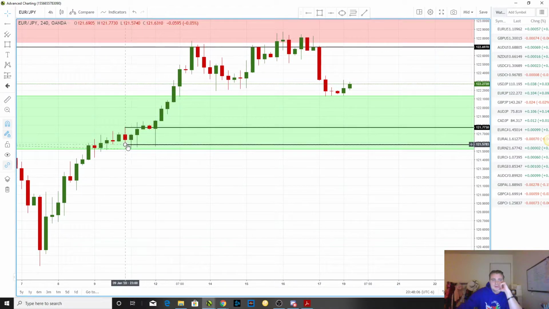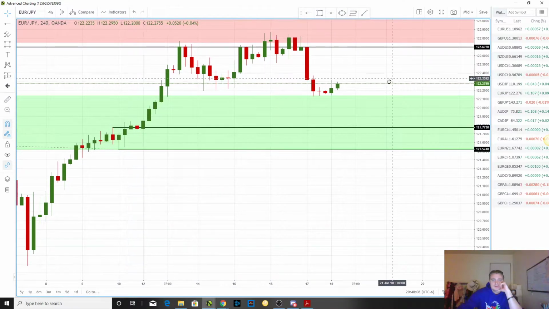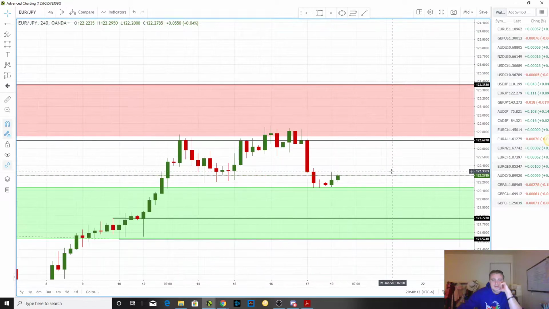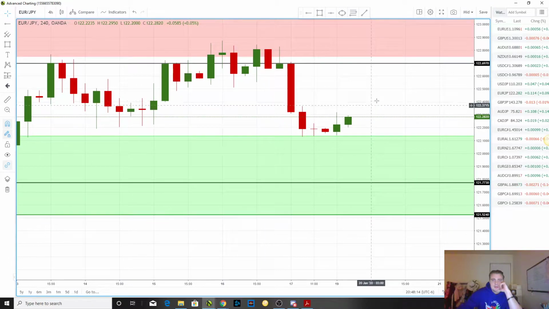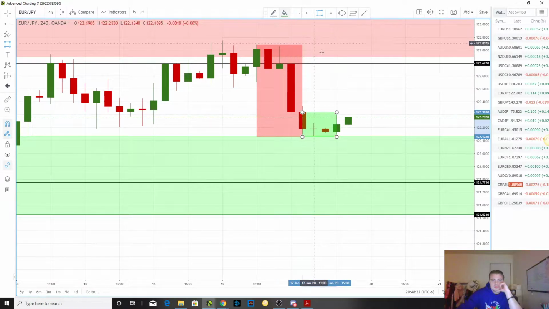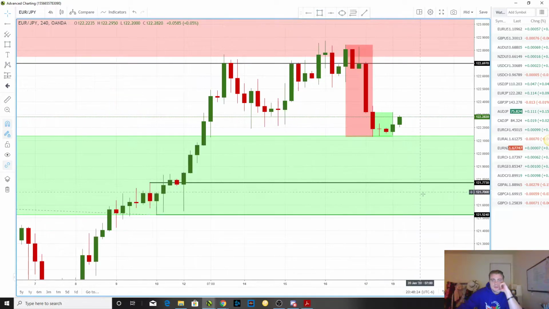Let's see. That's odd. Alright. So this one, we're probably going to have to wait for a turn to the upside. Hopefully it just goes a little lower, comes into the demand zone, and then gets a turn.